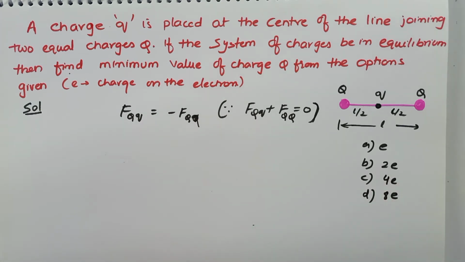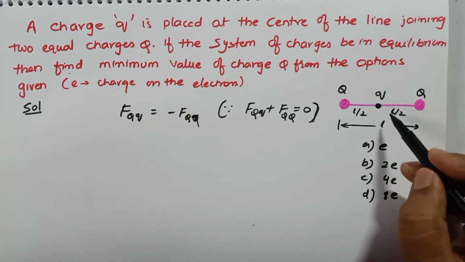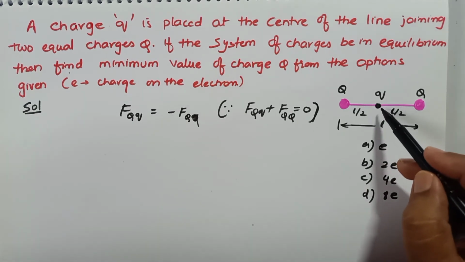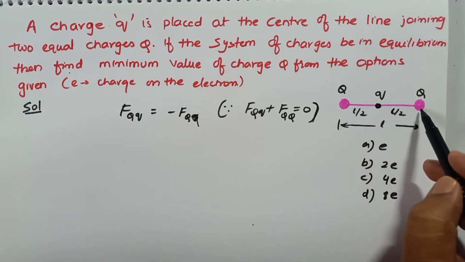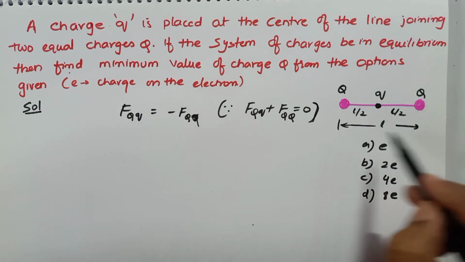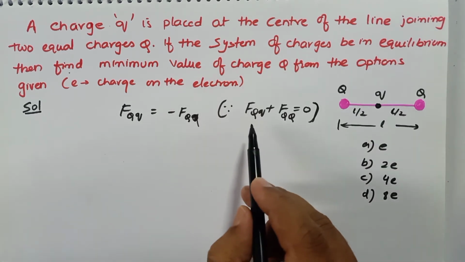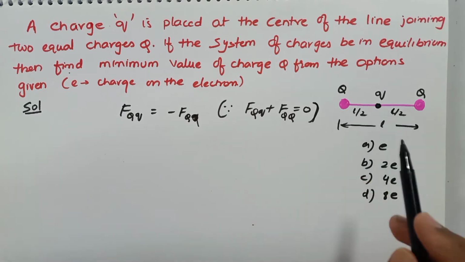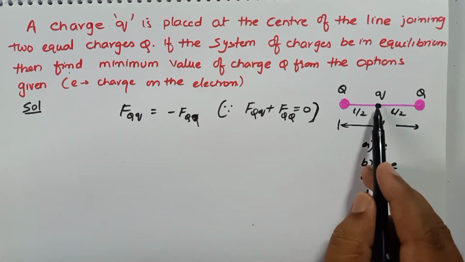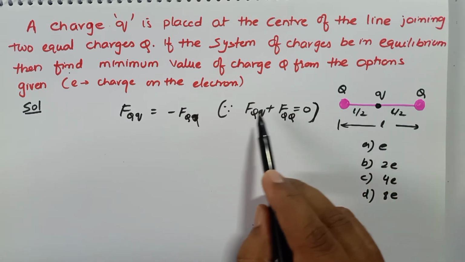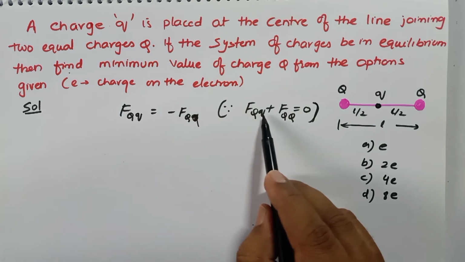So how are you going to find out? It is said that a small charge q is placed in between the two large charges in such a way that the total system is at equilibrium. Then how are you going to find out the charge capital Q here? For that, it is understood that the force on the small charge will be the sum of these two, that is force due to capital Q and small q.